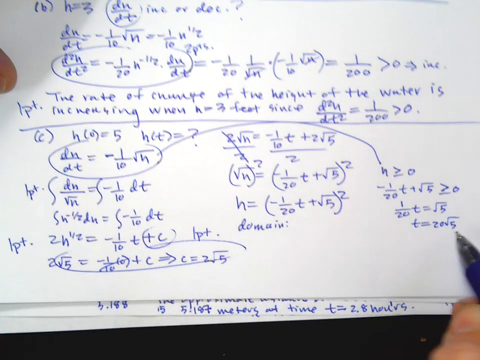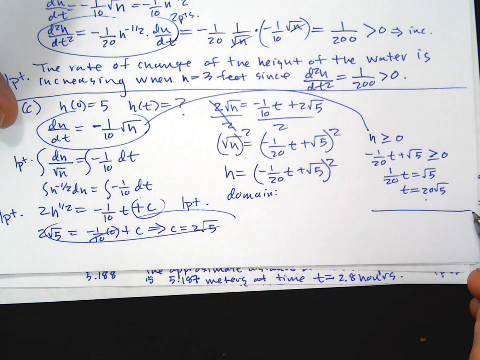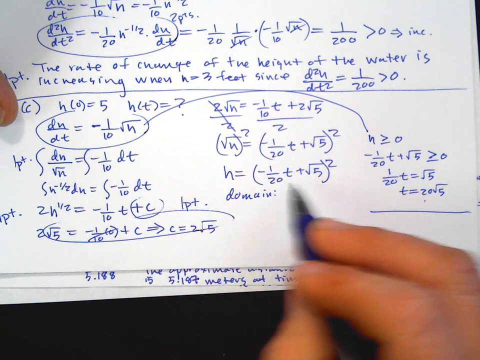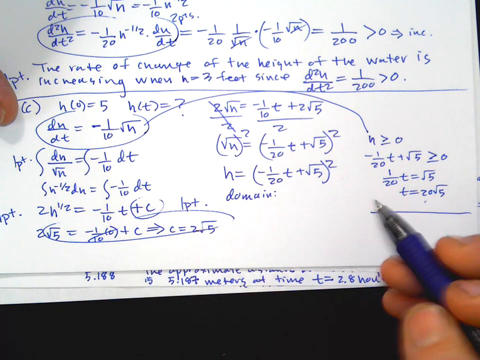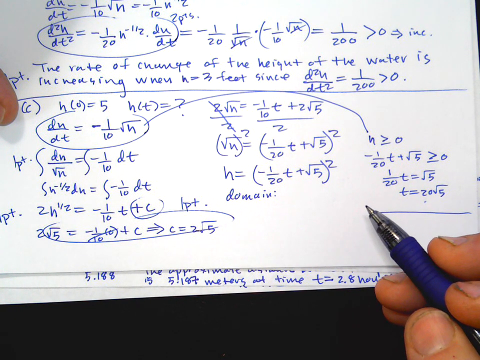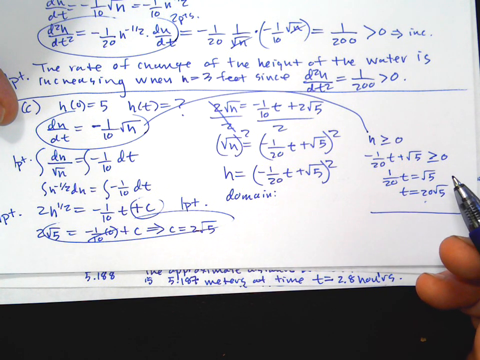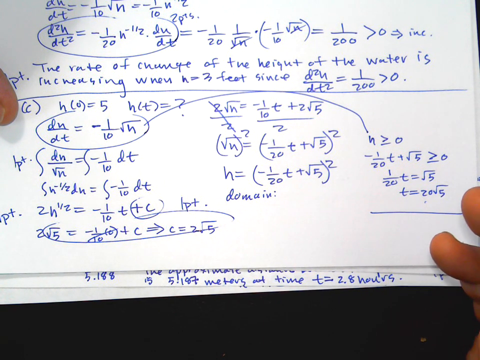And so this is an issue in our domain. The other issue in our domain, because our domain is time, this is a real world problem, and we're not going to have negative time, right? I don't think they said anything about that, but I think you should assume that this starts at t equals 0.